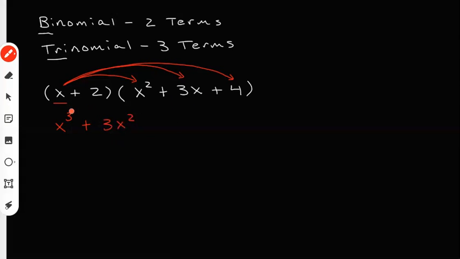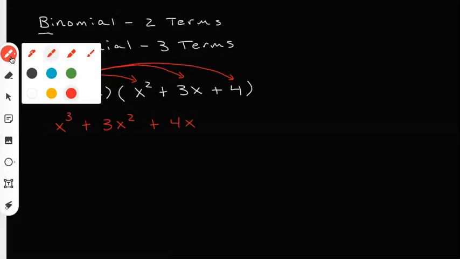So 3x times x is going to give me 3x squared. And then the last thing I need to do is multiply the x by the 4, and I just get 4 times x, which is 4x. So now I've multiplied everything over here by x, and I'm done with the x.